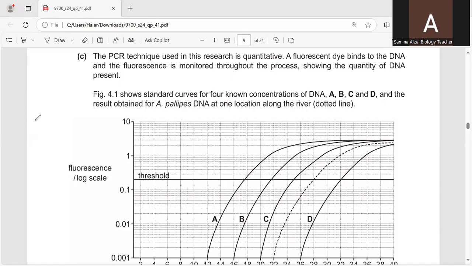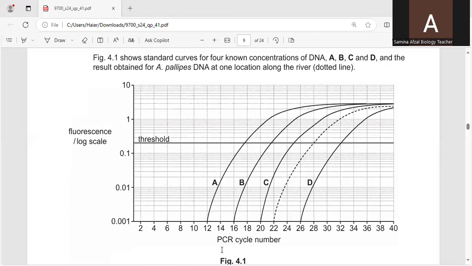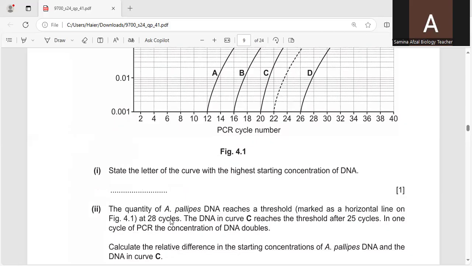Figure 4.1 shows standard curves for four known concentrations of DNA, A, B, C, and D, and the result obtained for A. papillis DNA at one location along the river, the dotted line. You can see the PCR cycle number on the x-axis and the fluorescence on a log scale on the y-axis, and in the center there is the threshold, the dotted line, and then A, B, C, D.